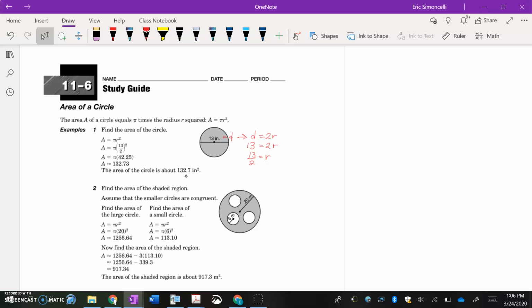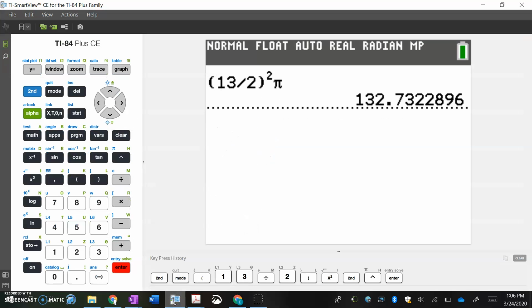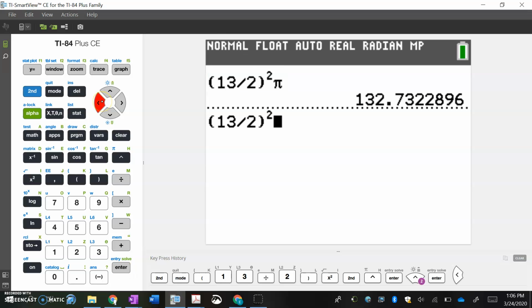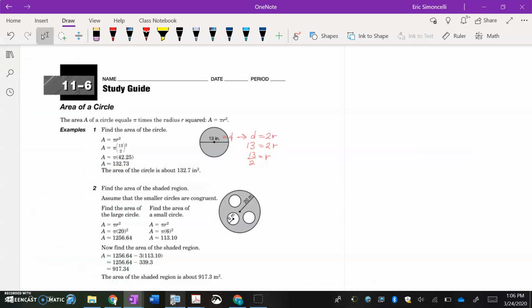Another version of this that would be acceptable is the following. So let's say I just typed in just 13 halves squared and 42.25. Okay, so the calculator was correct, as was the note sheet in that particular step. So this is another version of the answer that would be acceptable.